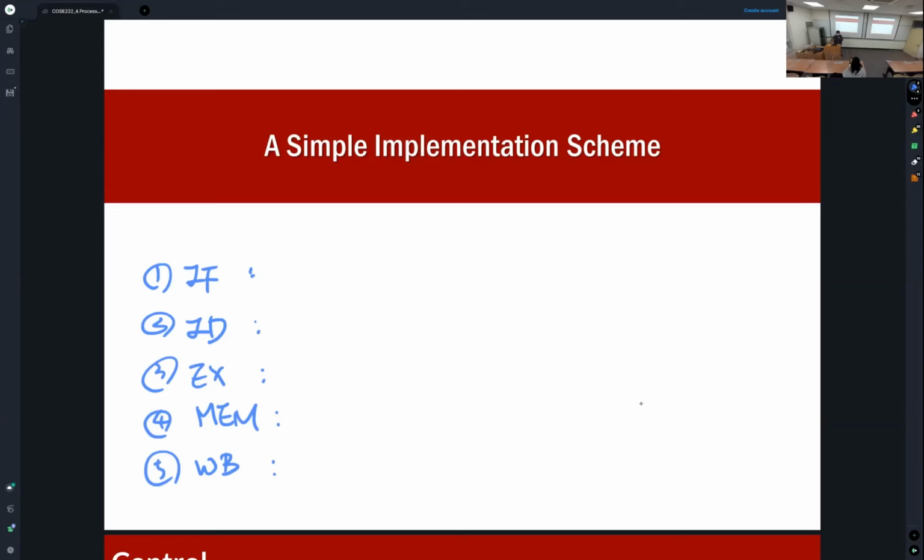Fetch means that an instruction is delivered from one place to another. The processor reads the instruction from the memory, and this operation is called instruction fetch.